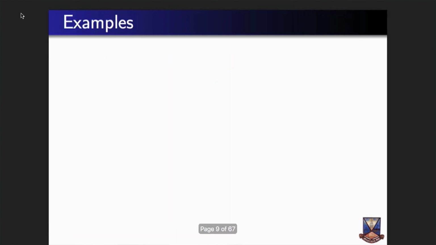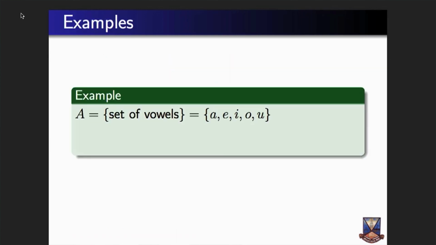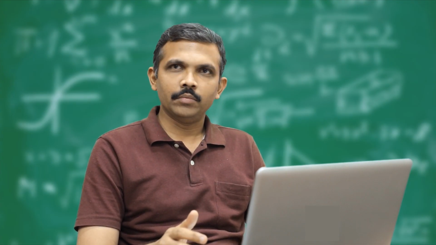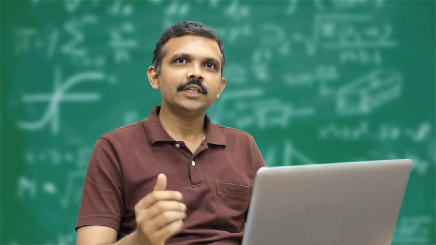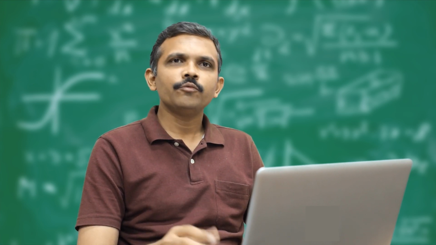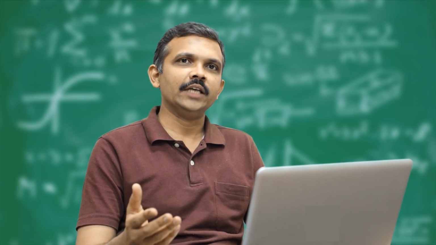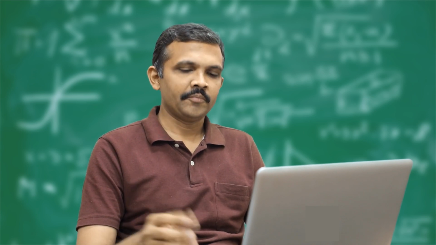Let us take the first set that we have already seen in our set theory video, that is the set of vowels A equal to {a, e, i, o, u}. The question is: is it a finite set? We all know that it is a finite set, but now can you prove it? The answer is yes, because I just have to find a bijection from set A to some subset of naturals which is N_n.